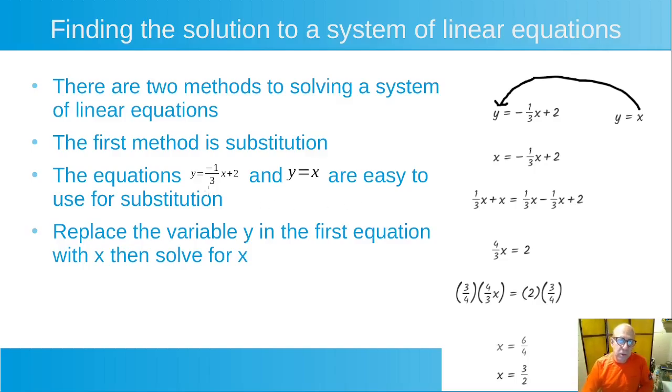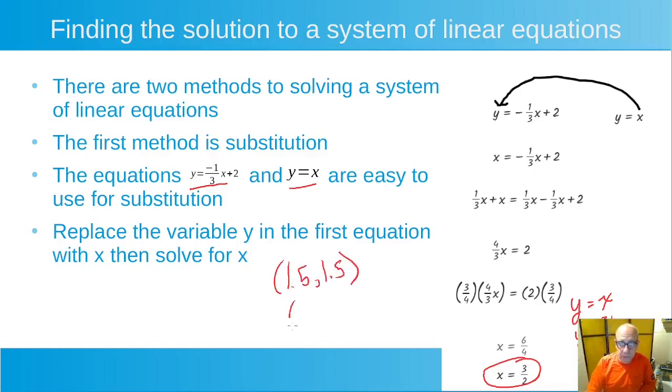And so the two equations, y equals negative 1/3 x plus 2 and y equals x, if I substitute x in for y and then solve for x, then x is 3 over 2. And if y equals x, then y also equals 3 over 2. And so the solution is 1.5, 1.5, or if you like fractions, 3 over 2 and 3 over 2.